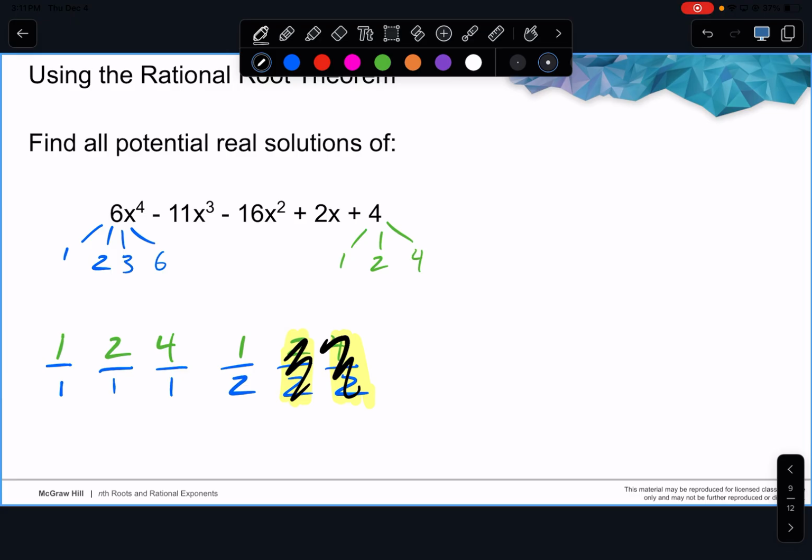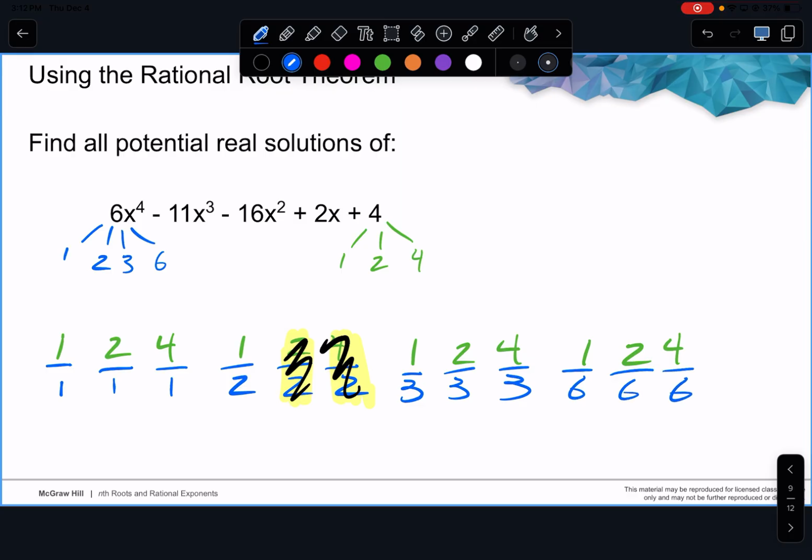Now, if you want to include them in your list and then cross them off, you can. Okay? Now you have to do it for 3 as the denominator. And then you do it for 6 as the denominator. You're going to have a lot. So we would do it again. 1, 2, 4. And now we have to use 3 as our denominator, which all of those we got to keep. Then we do it again. 1, 2, and 4.